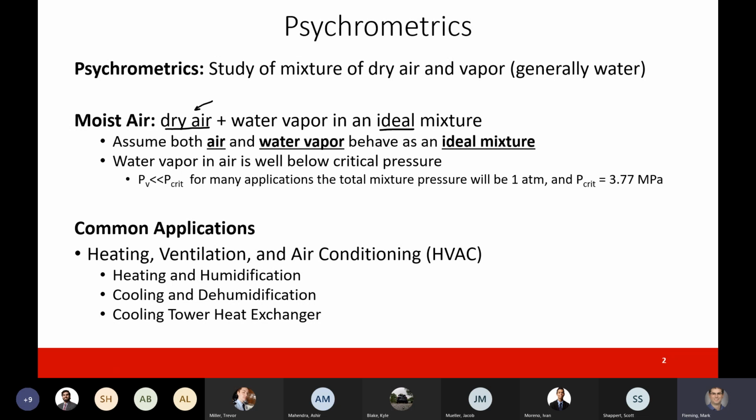A wet cooling tower uses essentially the energy of the fluid going through phase change, and we're able to model it using psychrometrics. So the concept of the wet cooling tower can be determined using the models that we'll discuss in the coming weeks.